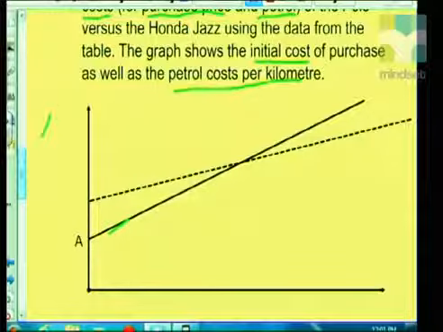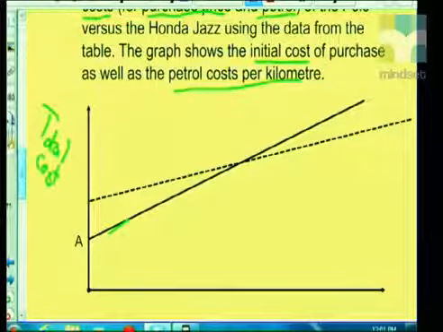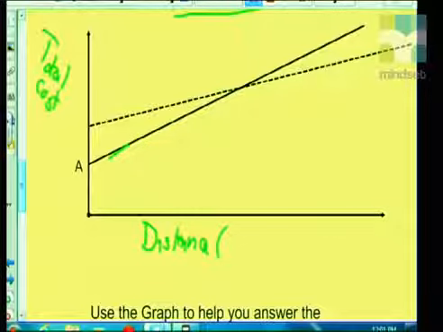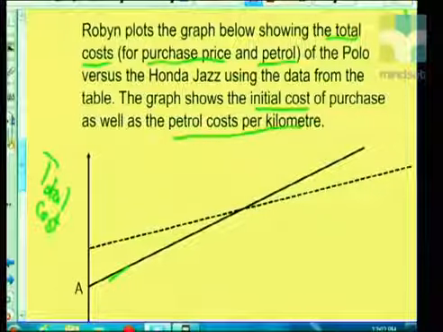So let's label the axes first of all. We're going to say this is total cost, and we know it's changing. This is distance traveled in kilometers.